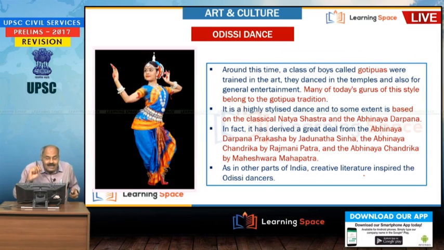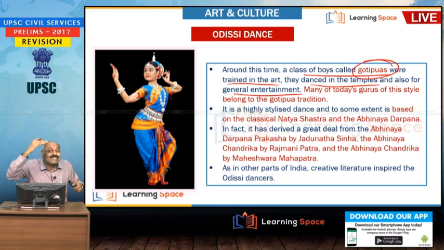And subsequently, a class of boys called Gotipas. So Gotipas, please don't forget, are associated with the Odissi dance. Gotipas were trained in the art, and they danced in the temples and also for general entertainment. Most of today's gurus of Odissi dance belong to this Gotipa tradition, please don't forget, right?